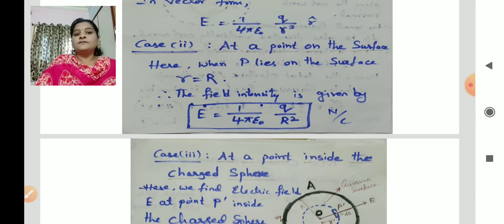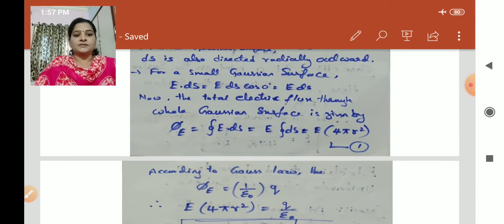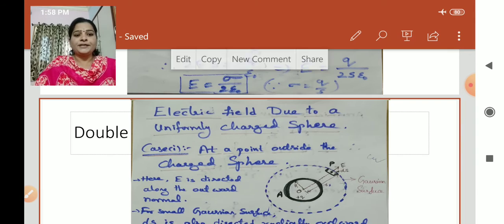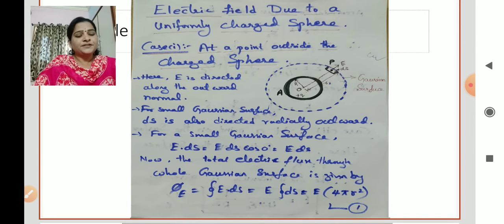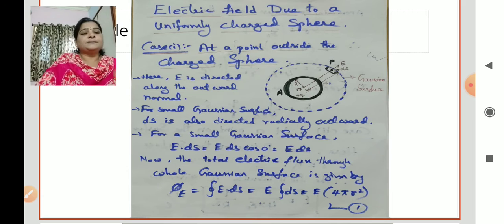Therefore, the r will be the radius of our sphere, capital R. The point has been shifted from outside to on the sphere right now. So see this figure. Here point P is now shifted onto the sphere of radius capital R.